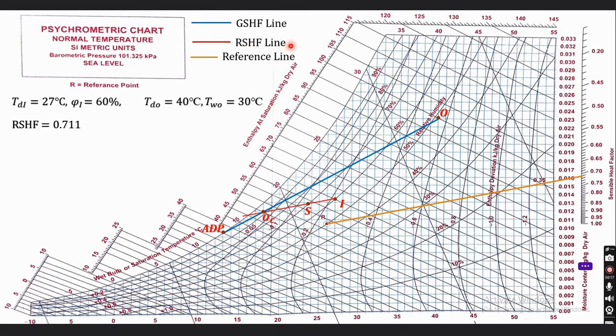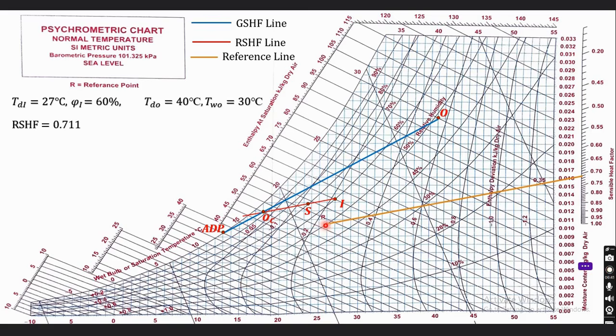Okay, how am I drawing the room sensible heat factor line? It is parallel to the line joining the reference point and the point which I have marked as the sensible heat factor on the sensible heat factor scale. The temperature of this reference point is 26 degrees Celsius and 50% RH. So it is constant or the same for all the numericals.